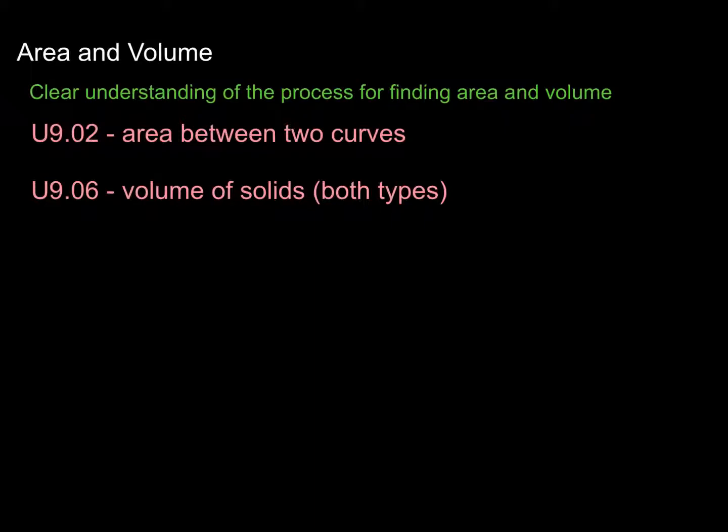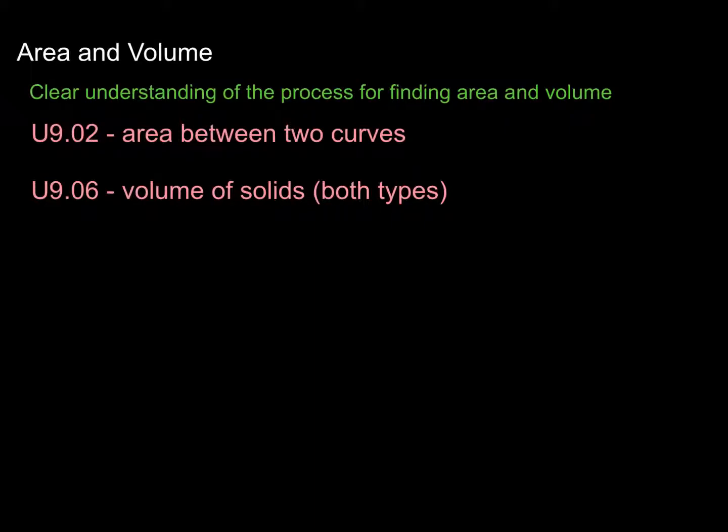The great thing is that regardless of what type of a solid we're dealing with, our definition for how we're going to find volume is always the same. And really the only difference that we see between the two types of solids is what the cross-section is going to look like. Obviously, if you're given the type of cross-section, that's the cross-section you're dealing with. And if you're revolving a region around an axis, we're always going to be dealing with those circular cross-sections.